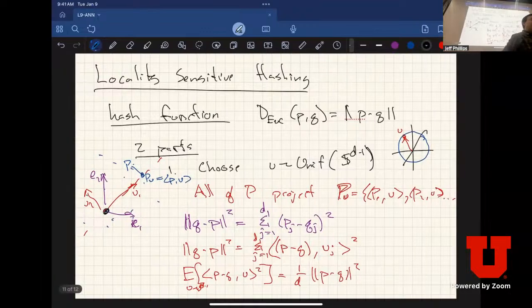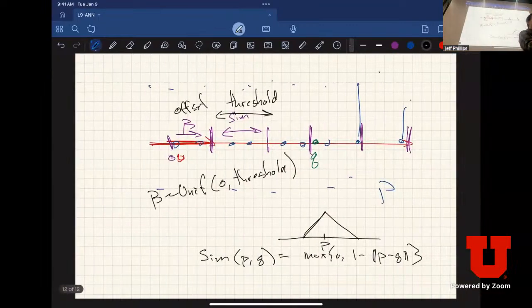There's actually a trick called the cross polytope trick. I pointed to a library for doing this, which is heavily optimized, called Falcon. It's an LSH-based nearest neighbor code, and it works for the cosine distance instead of the Euclidean distance, which means it only cares about the angle.